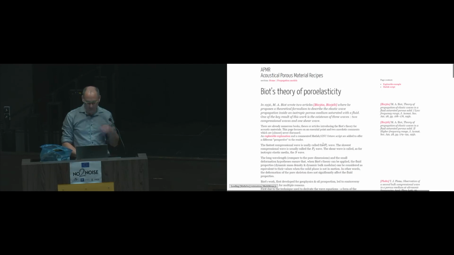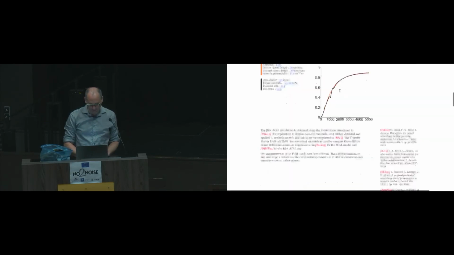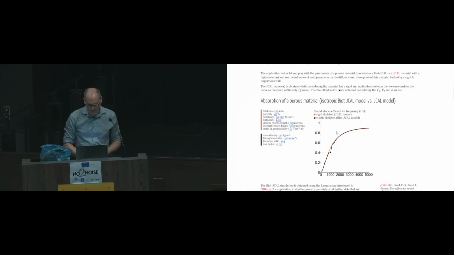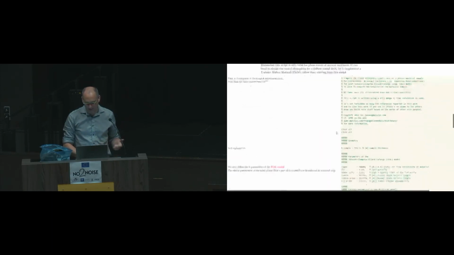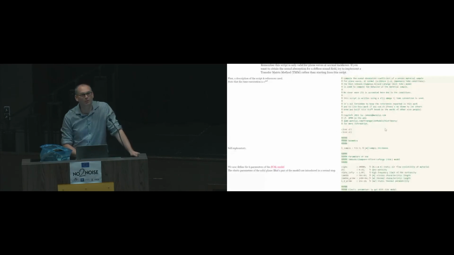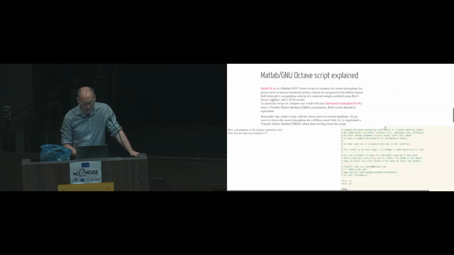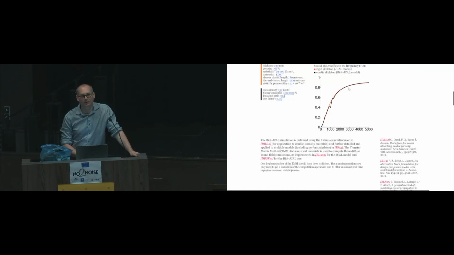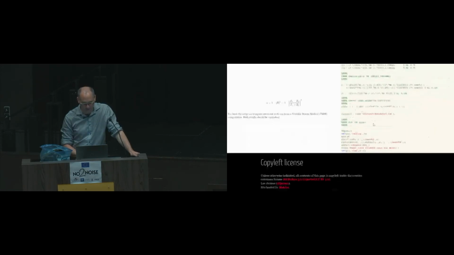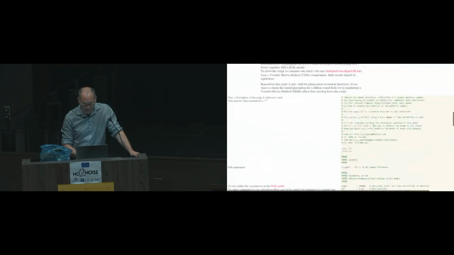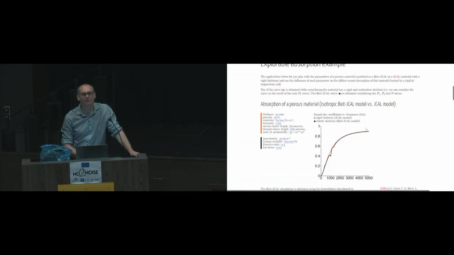Okay, so if you go to APMR, you have the same thing with different colors, but okay. And then after I explain you with a MATLAB GNU Octave code how to compute the sound absorption in normal incidence. Okay, so you have all this code there, to make the computation for normal incidence with Biot-JCAL model or Biot whatever model you want.